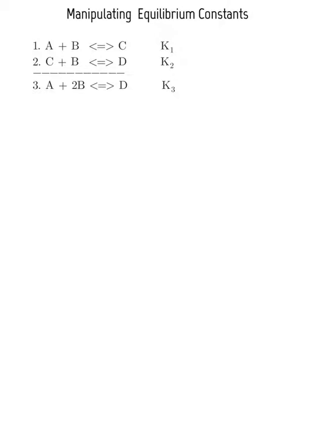Notice reaction 1 has equilibrium constant K1, reaction 2 K2, and reaction 3 K3. I would like you to pause this video and generate the equilibrium constant expressions for reactions 1 up to 3.